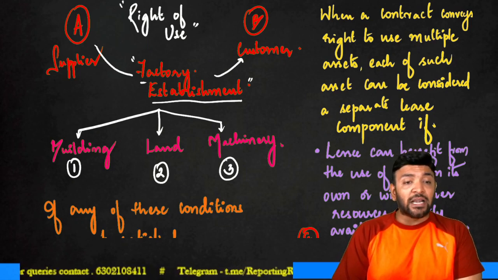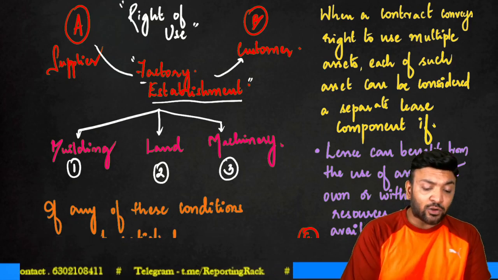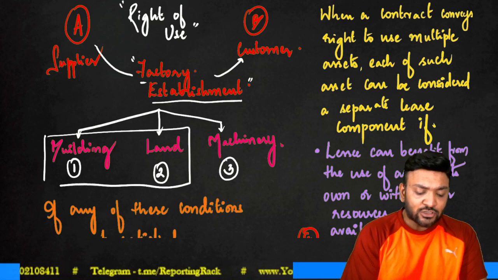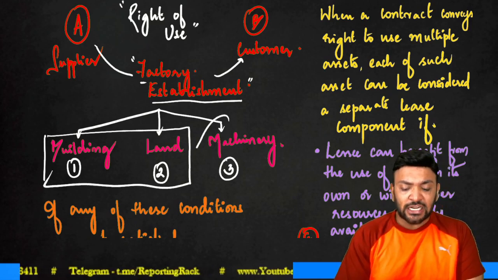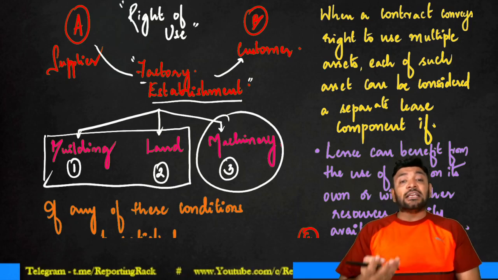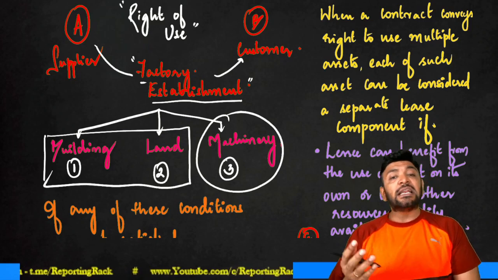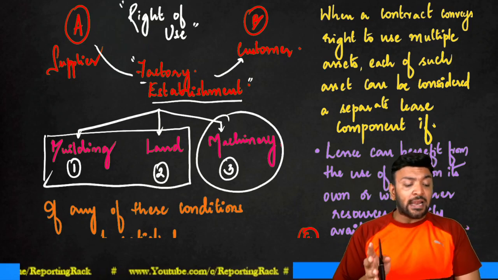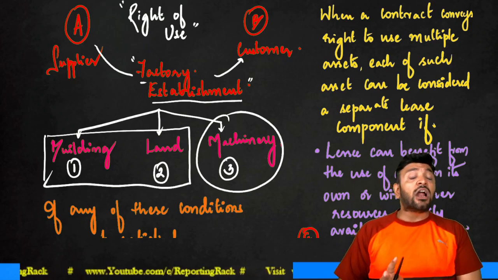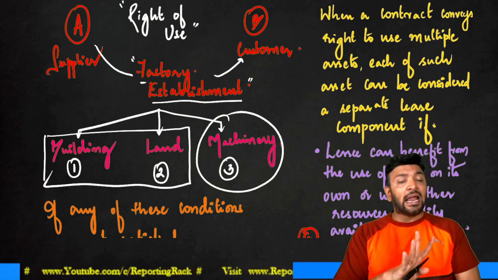Land and building together can be combined to signify one single lease component, while the machinery can be considered as a separate lease component, because only the lease of the machinery could also benefit the lessee. The machinery can be taken to any other location and the lessee can extract benefit from this machinery alone. It is not heavily interlinked or highly integrated with the land and the building.